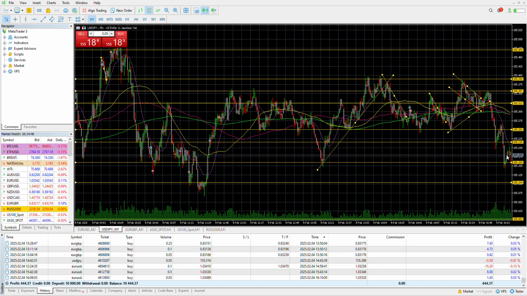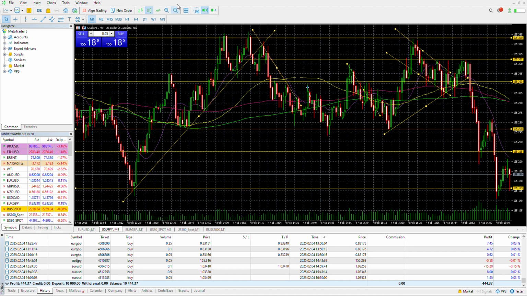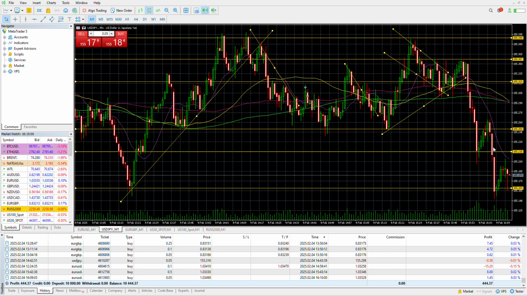See what it did? So it dropped, hit this support again. So it's respecting the support. It respected here, but it didn't respect the first time, so the selling just continued. We'll see what happens on this push down.